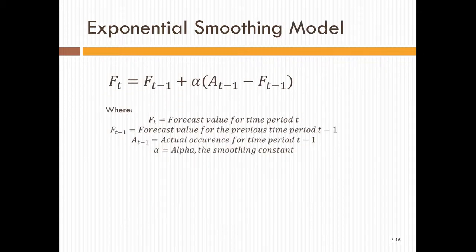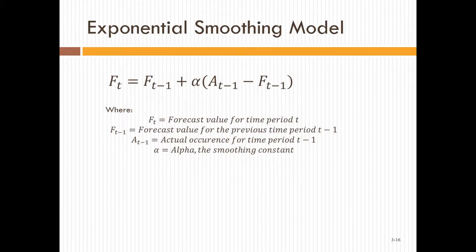Okay, so our formula for exponential smoothing, just the basic formula, says that we're going to take the forecast from the last period, which is forecast for t minus 1, and I should say the t represents the time period that we are trying to forecast.